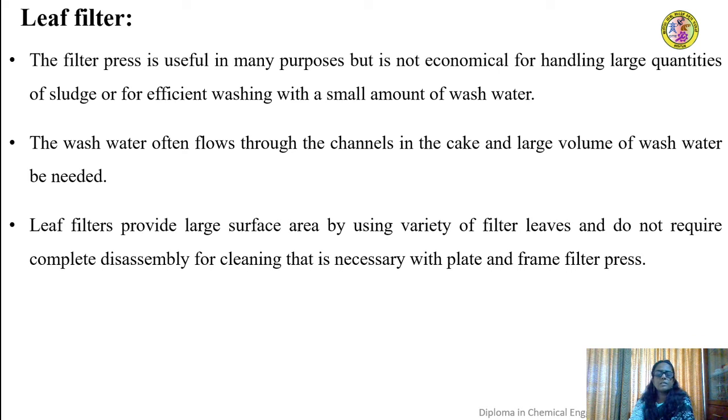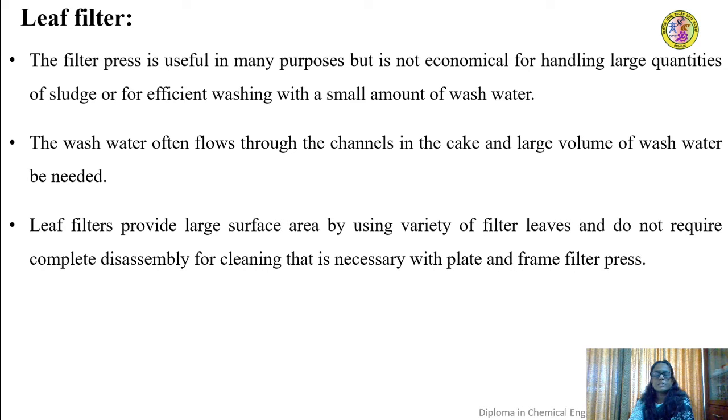In leaf filters, we can provide a large surface area of the filter cake for washing by operating with a variety of filter leaves. On each filter leaf the cake deposits, so a large surface area of filter cake is available for washing with the wash liquid. So we consume comparatively less wash liquid to wash the filter cake in a leaf filter than in a plate and frame filter press.